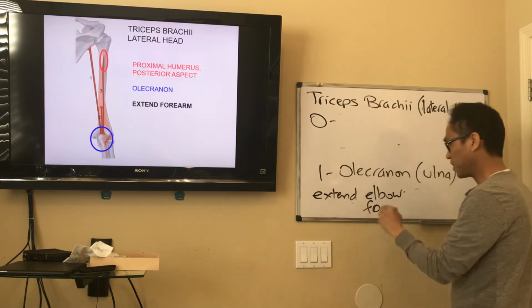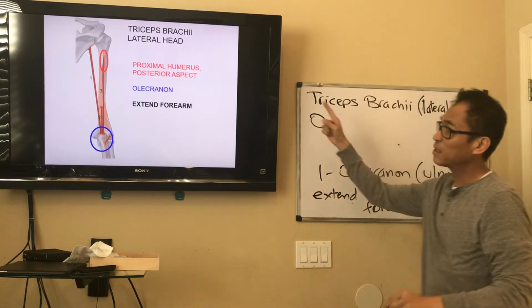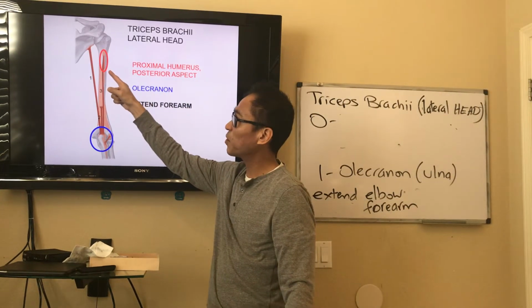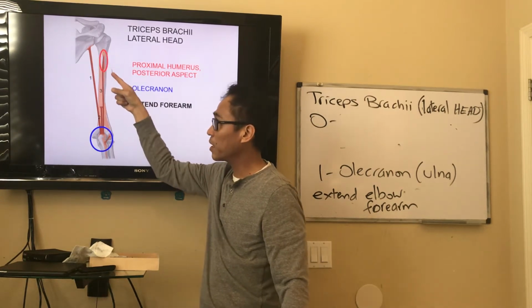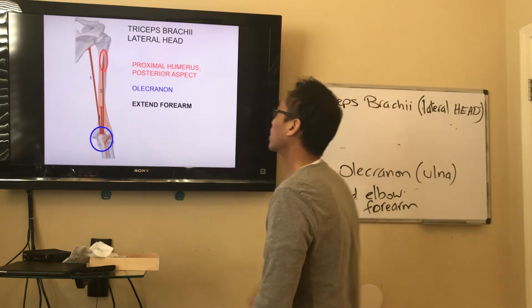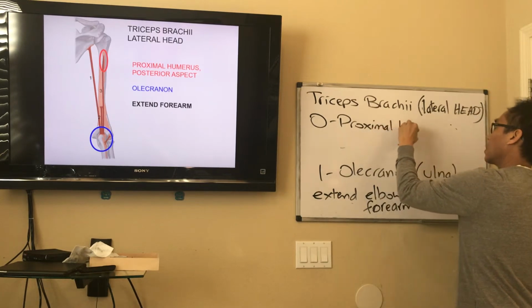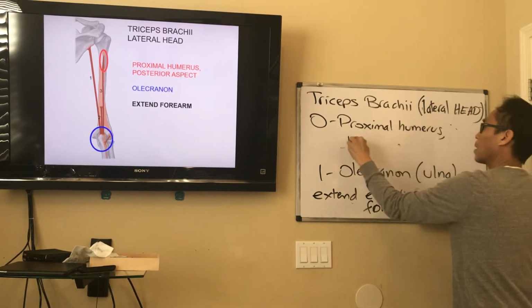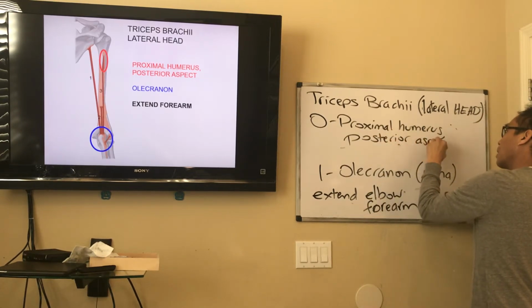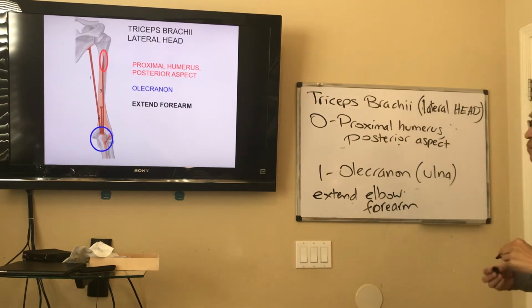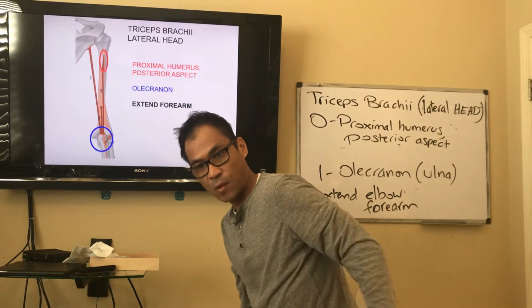Or again, a different way of saying the same thing, extend forearm. Because it originates on the proximal humerus, posterior aspect. If it starts on the humerus, it can't move that joint, right? Only extend elbow. So when you do tricep kickbacks at the gym, that works out.